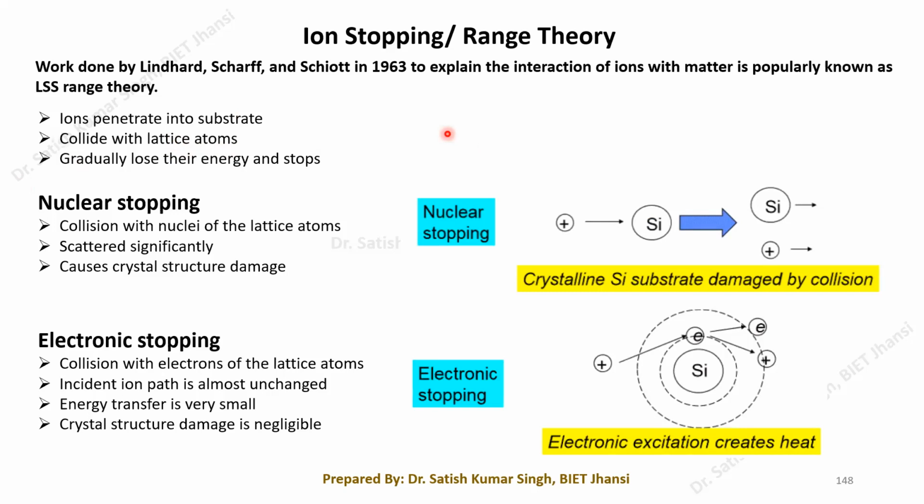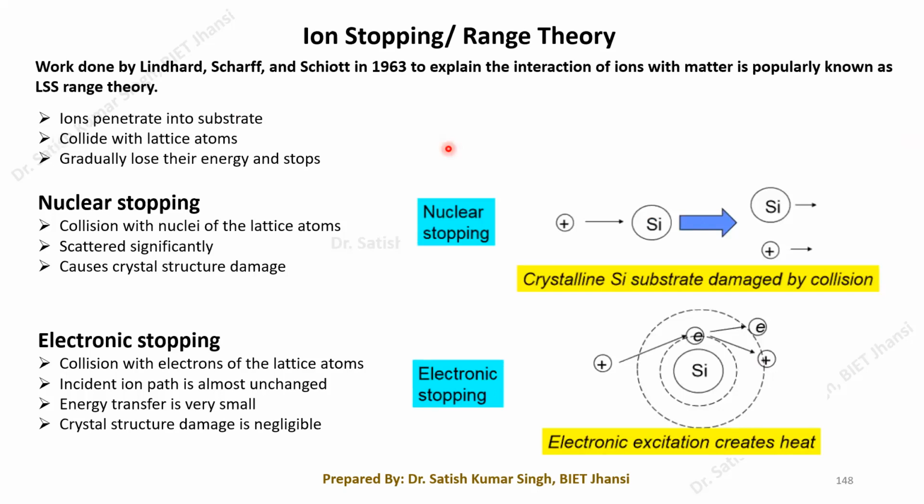Because of this collision, or interaction, there will be a gradual loss of energy of your ion beam, and finally it is going to stop or get stuck somewhere in the material. This way, some ions go deeper into the material, while others do not go as deep and stop somewhere earlier.